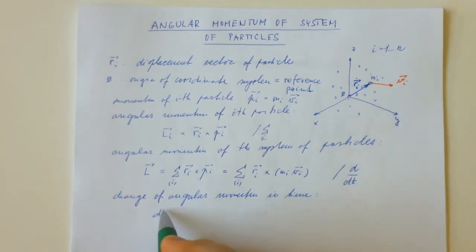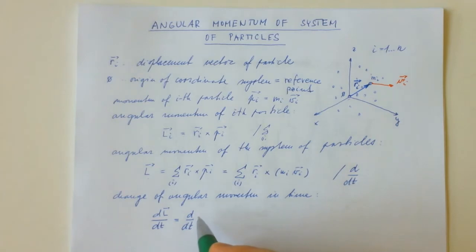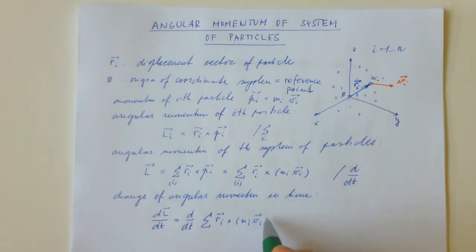So it is dL over dt equal to d over dt applied to this sum, the sum over i of Ri cross mi vi, and we can apply this derivative to this multiplication.